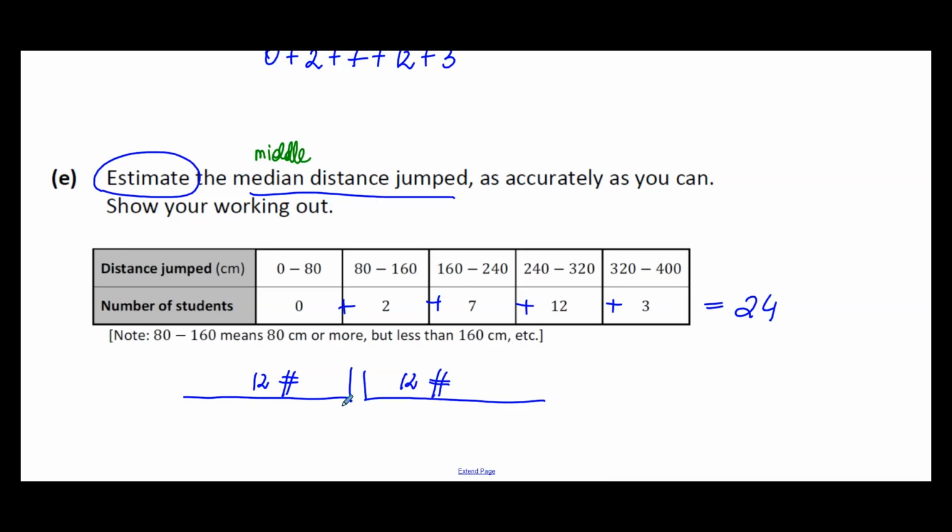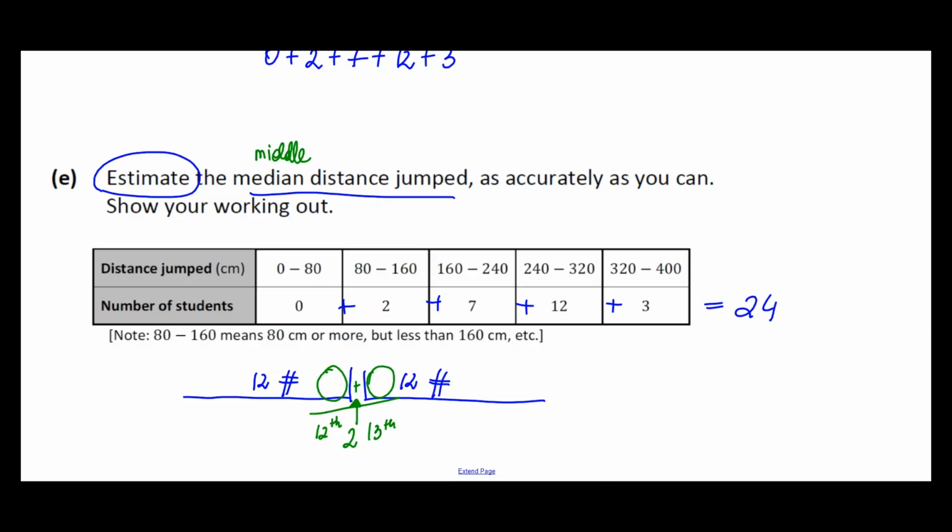The middle will fall here. The last number here is the 12th number, and the first number here is the 13th number. In this case, we add the 12th number plus the 13th number, divide that by 2, and that's how we get the middle value.